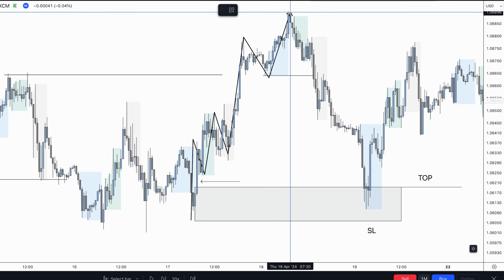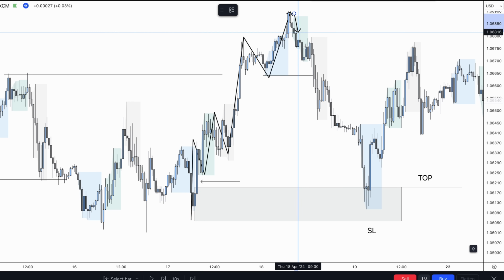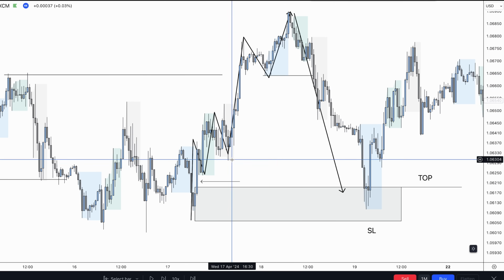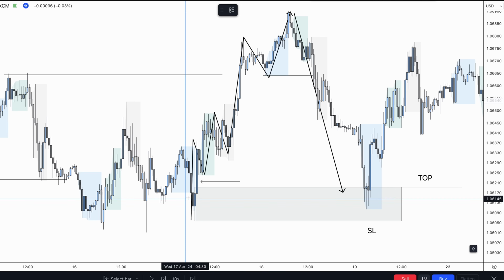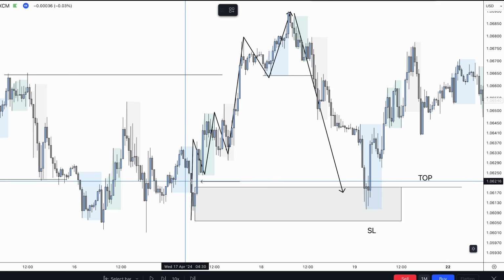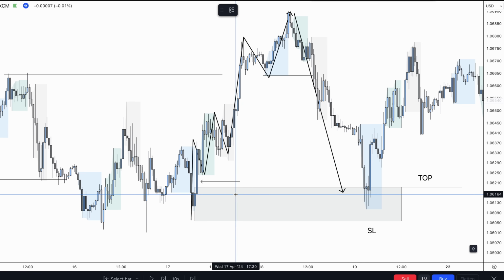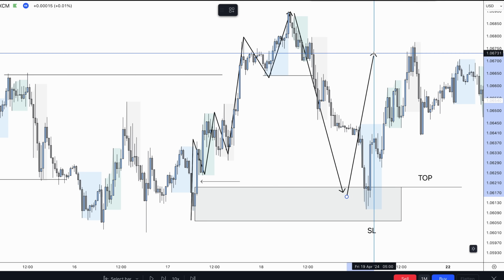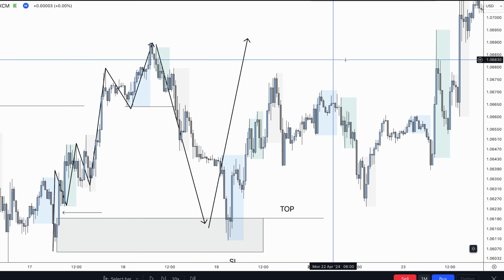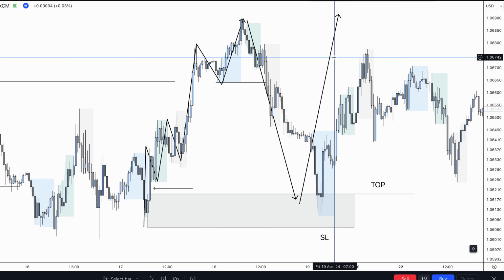We would only use this to target any inefficient price ranges, which means we would use this at maximum to target sells into this demand. Because once this demand is filled, it's likely that we react from this inefficiency, we fill the inefficiency, we hit demand, and then we get a new bounce into new upward price action, as we've seen take place in this market.